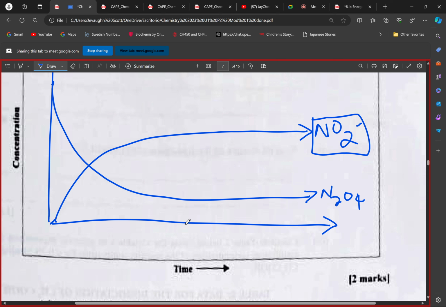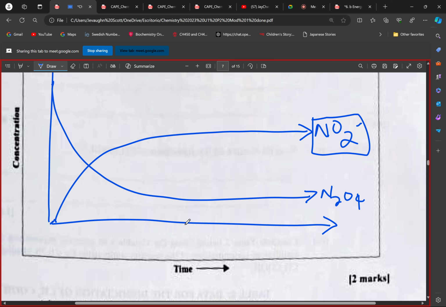So that's why it looks like that. That's why N2O4 is decreasing and NO2 is increasing, because N2O4 decreases so that we can have NO2 in the reaction, if that makes sense. I think we all can agree that that makes sense.